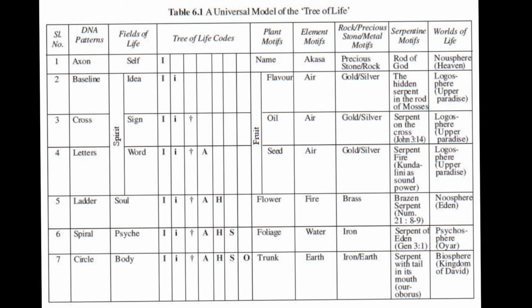This table can be elaborated depending on the knowledge you have. You can gain on various aspects of consciousness as the principle of life. This is the model of the elaborate tree of life I have perceived from DNA.